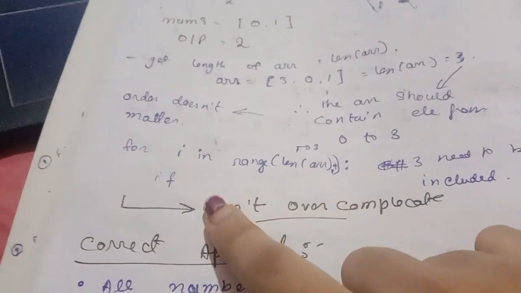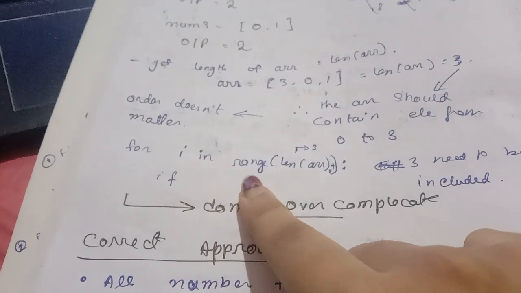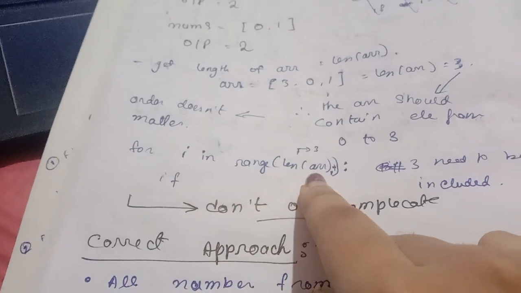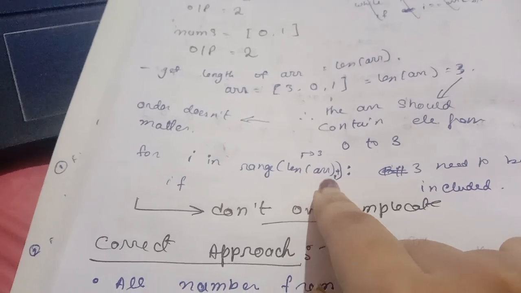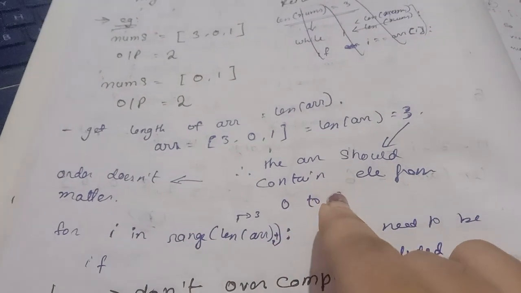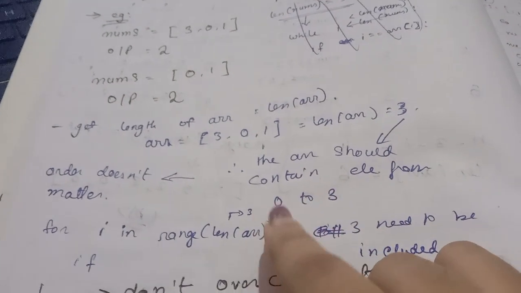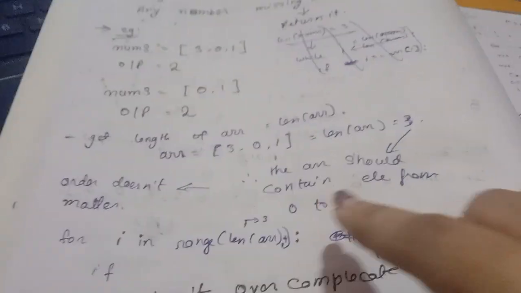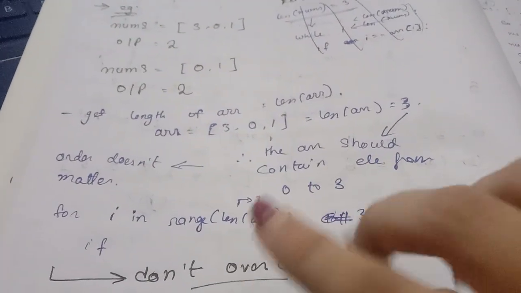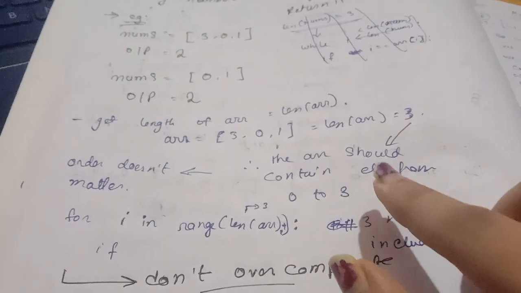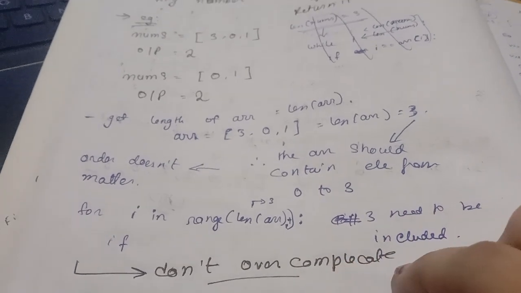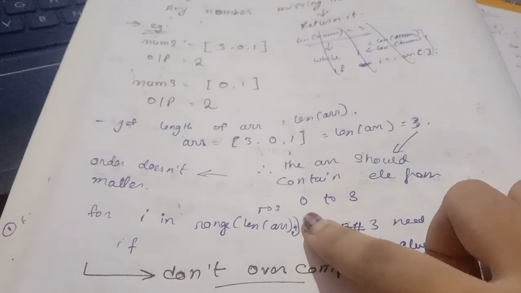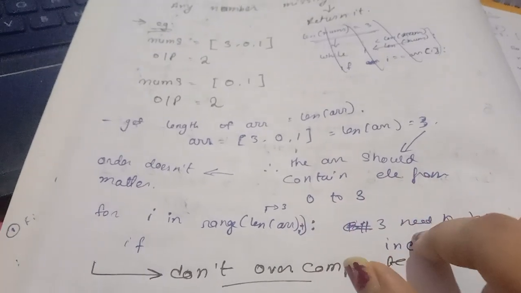Like I tried to do that, if I am iterating through the range of the array, and maybe I don't know what I tried to do. Wait, the array should contain 0 to 3. Okay, the elements should contain from 0 to 3. Otherwise, whatever element is not present from 0 to 3, we need to include that.